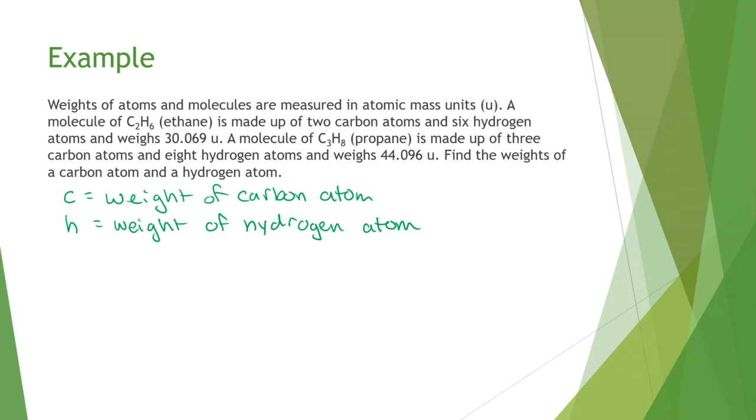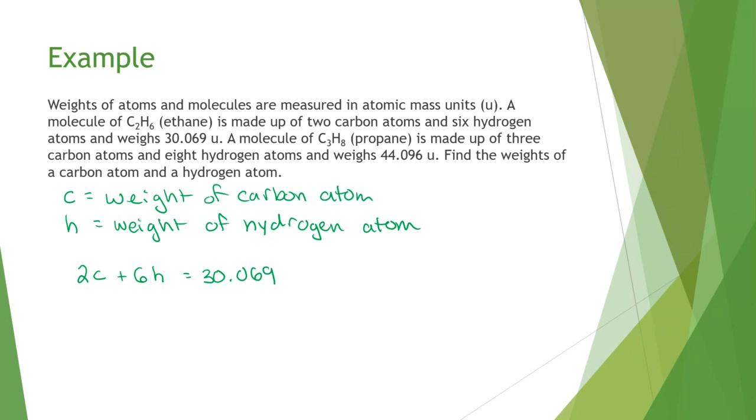And then I've got my equation. For ethane, we have 2 carbon and 6 hydrogen, and that equals 30.069. So if you have a weight of 1 carbon atom, you multiply by 2 since you have 2 of them, and then you multiply the weight of hydrogen by how many you have.